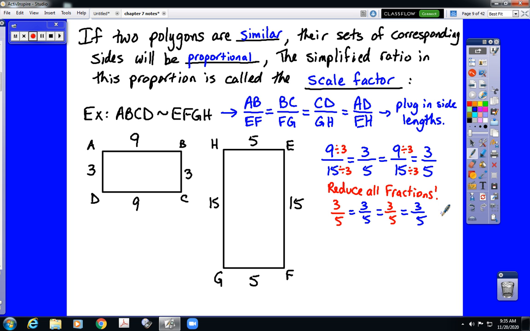They're all the same. This is the scale factor. So we would say the scale factor, and this is important, of ABCD to EFGH is 3:5.